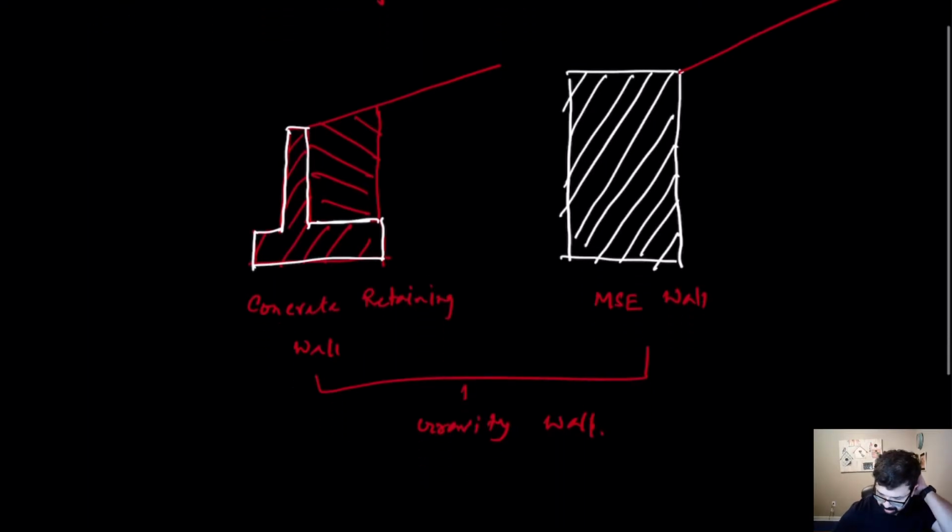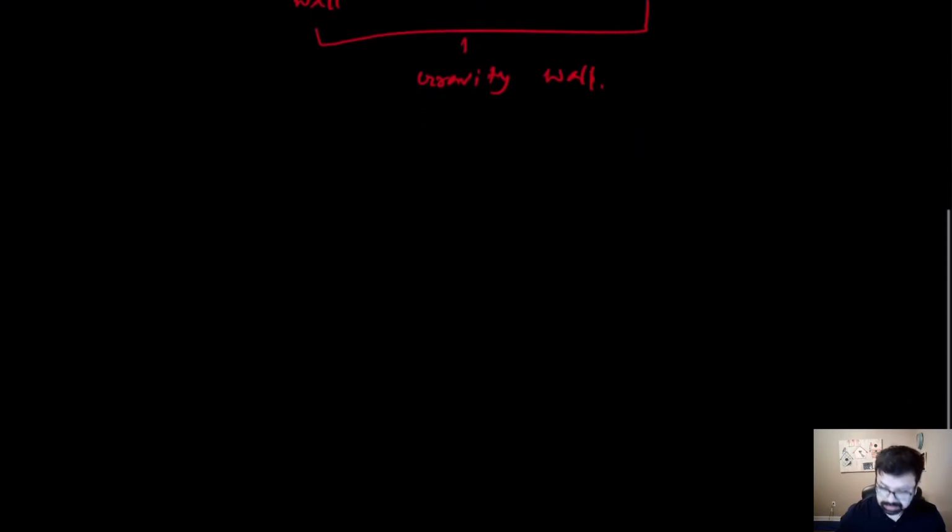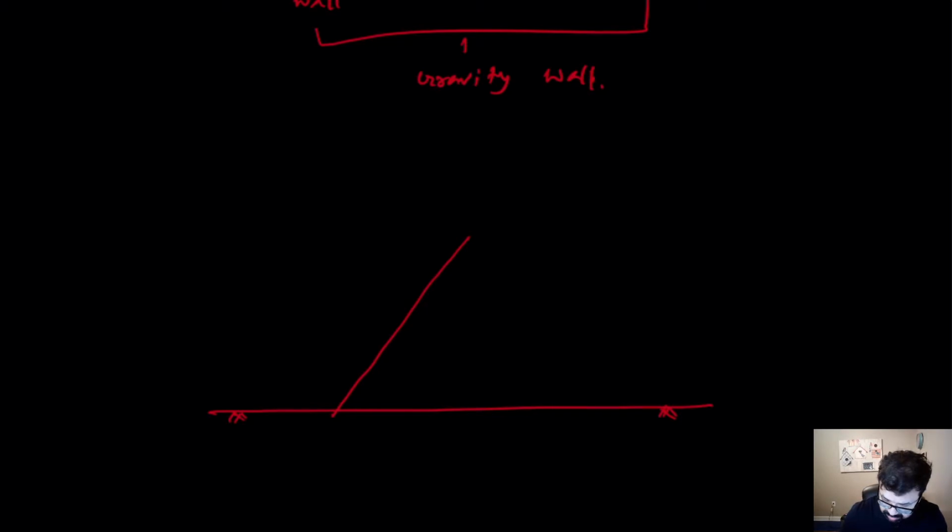Okay, now let's discuss what the components of the MSE wall are and how it works. So first of all, let's discuss the angle of repose. Let me draw a line. Let's consider this is our ground line. So we have our soil, and then we are trying to pour some sand on top of it. When we are putting some soil or sand on top of it, it's going to create an angle with our ground.